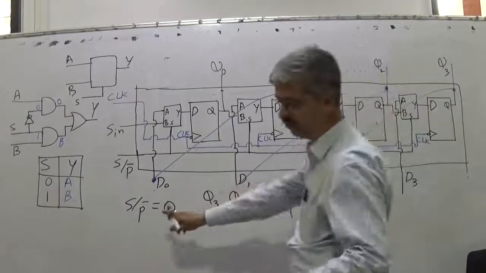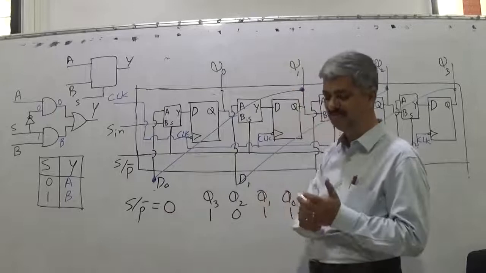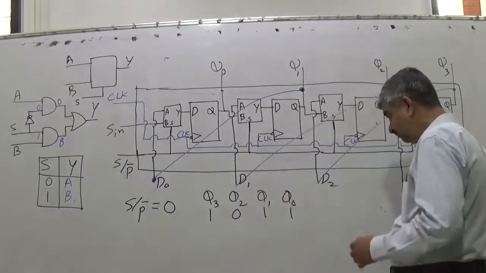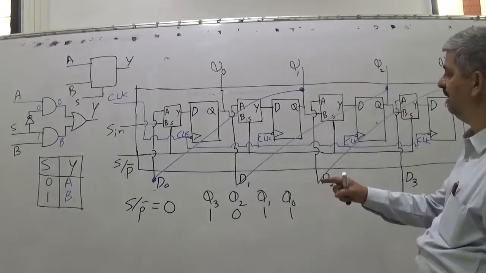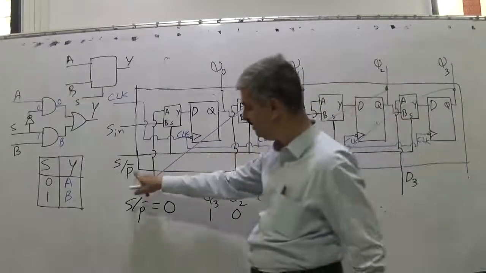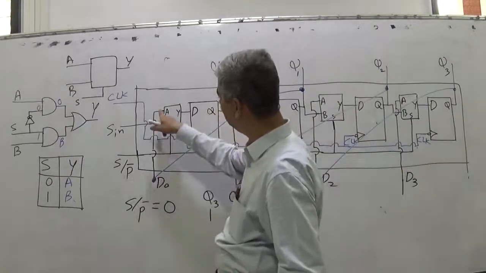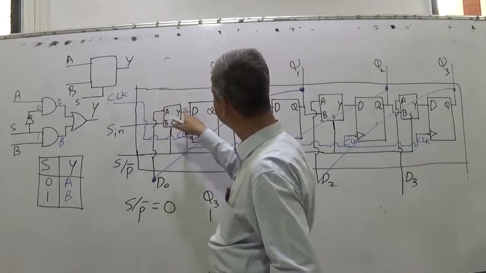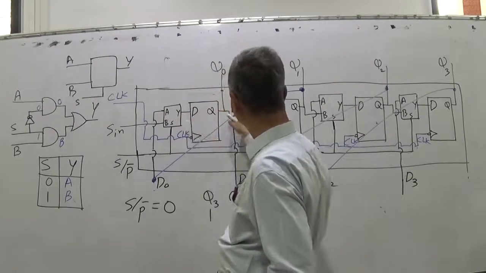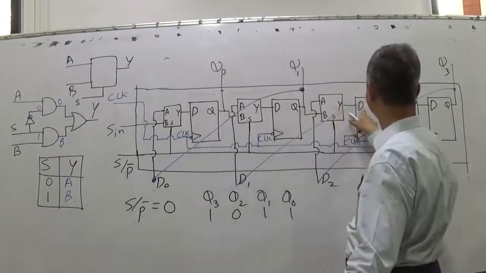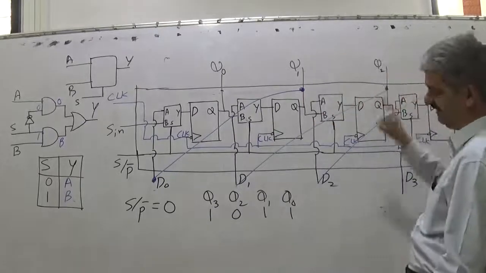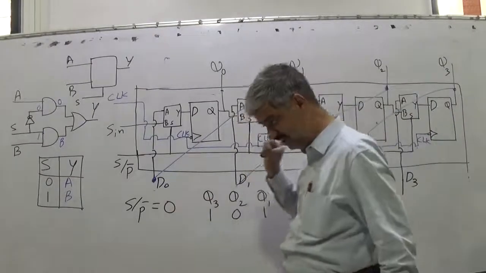It is parallel mode. When it is parallel mode, when clock comes and S over P bar is 0, whatever is appearing at A appears at D. This A appears at this D. When S over P bar is 0, it happens like this.